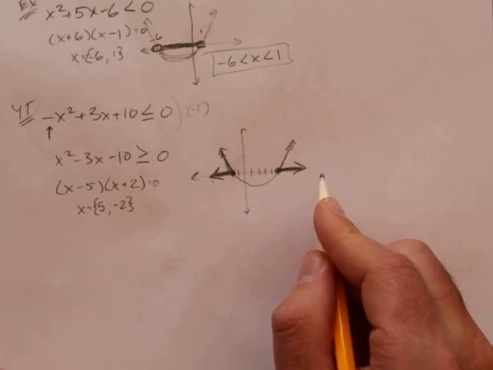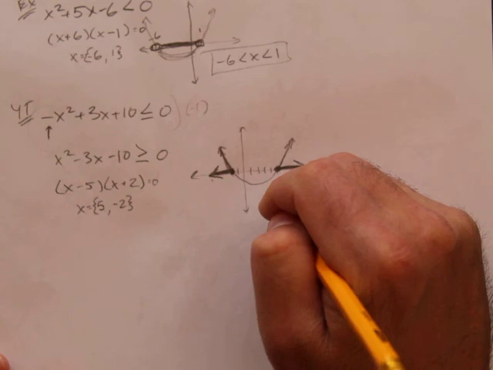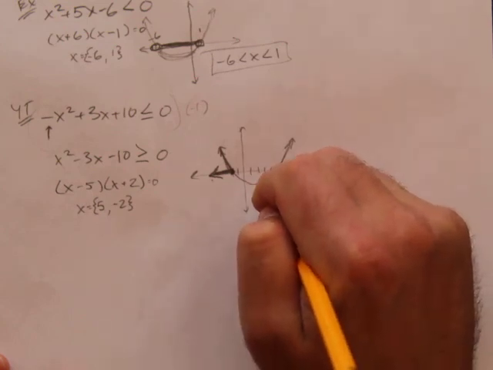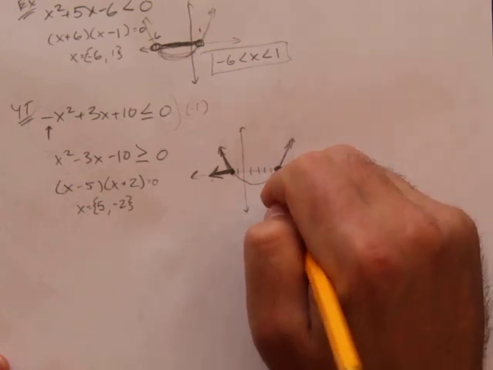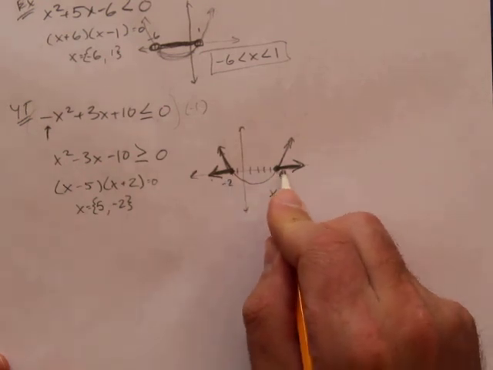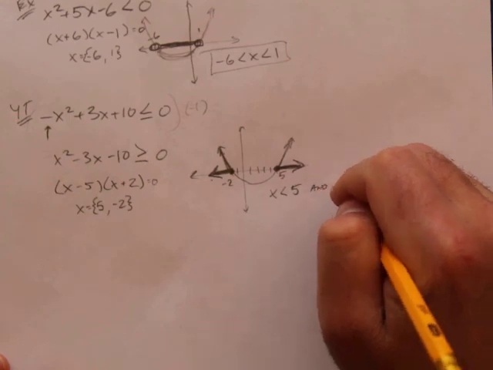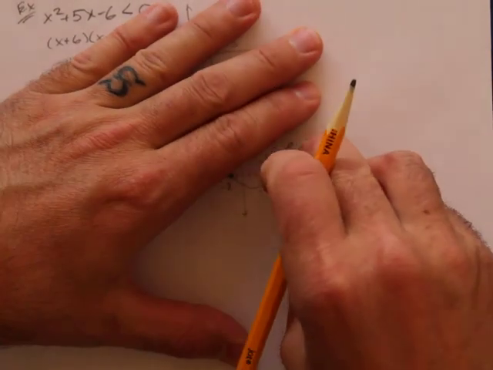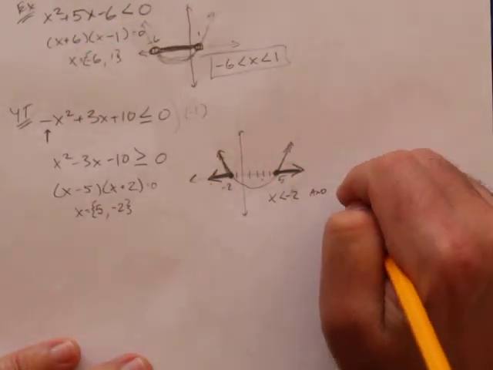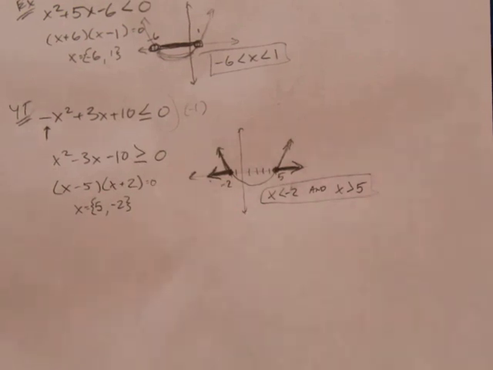So it would be these ones. The way that I would write this would be x is less than negative 2, and x is greater than 5. And that's how I would write that.